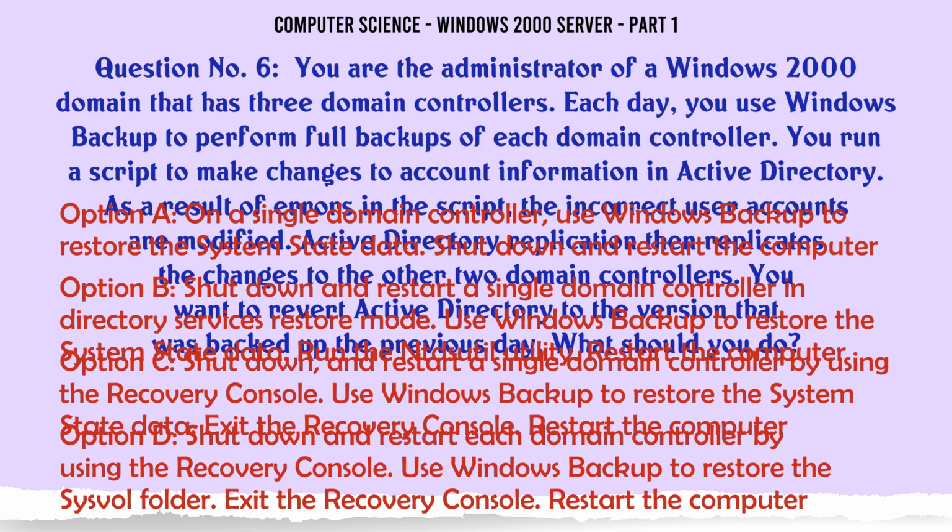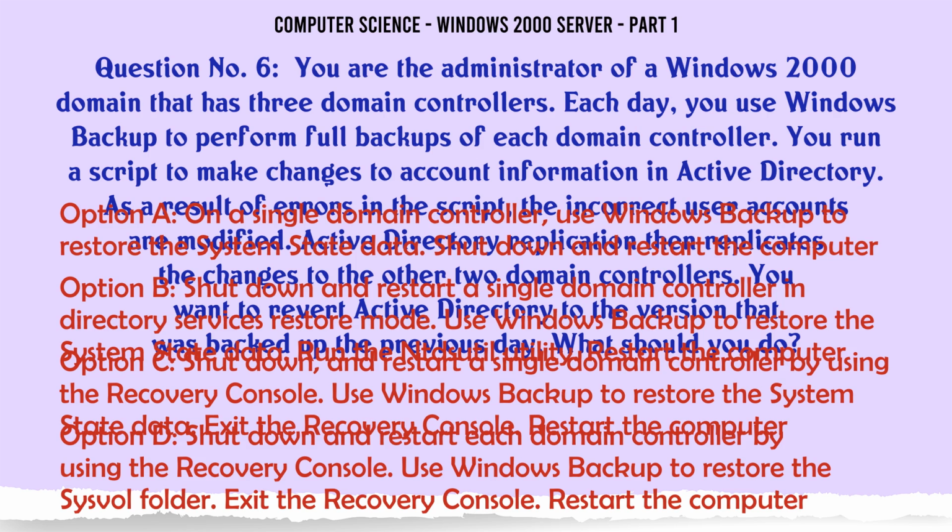C. Shut down and restart a single domain controller by using the recovery console. Use Windows Backup to restore the system state data. Exit the recovery console. Restart the computer. D. Shut down and restart each domain controller by using the recovery console. Use Windows Backup to restore the sysvol folder.